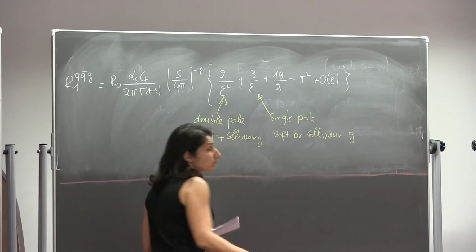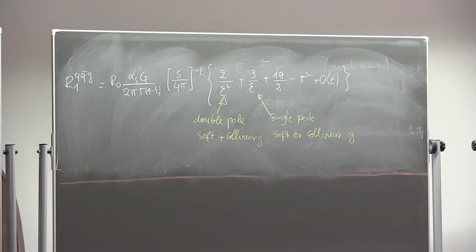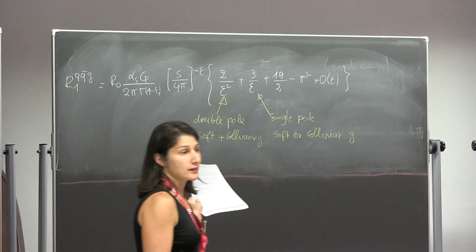And obviously, we cannot have a physical observable that depends on poles. So now, we need to add the virtual corrections.